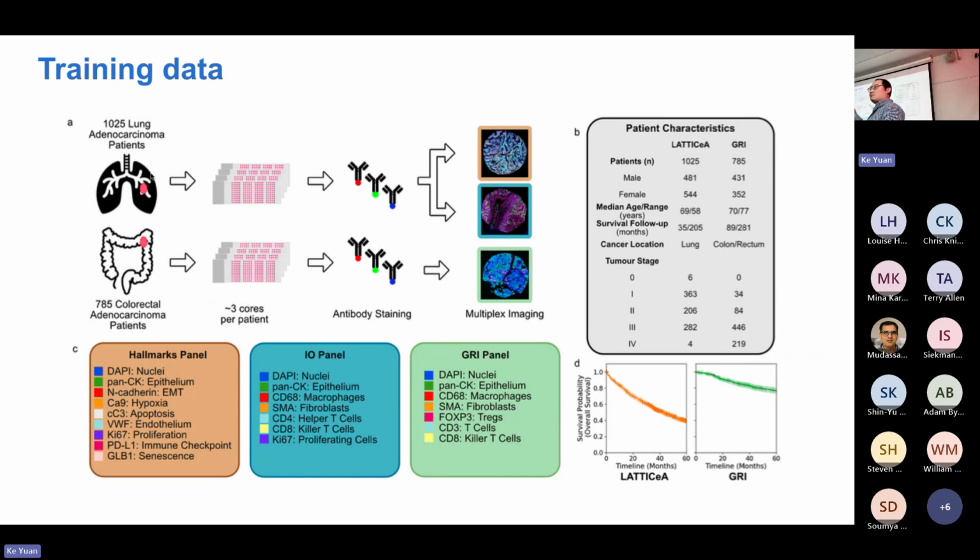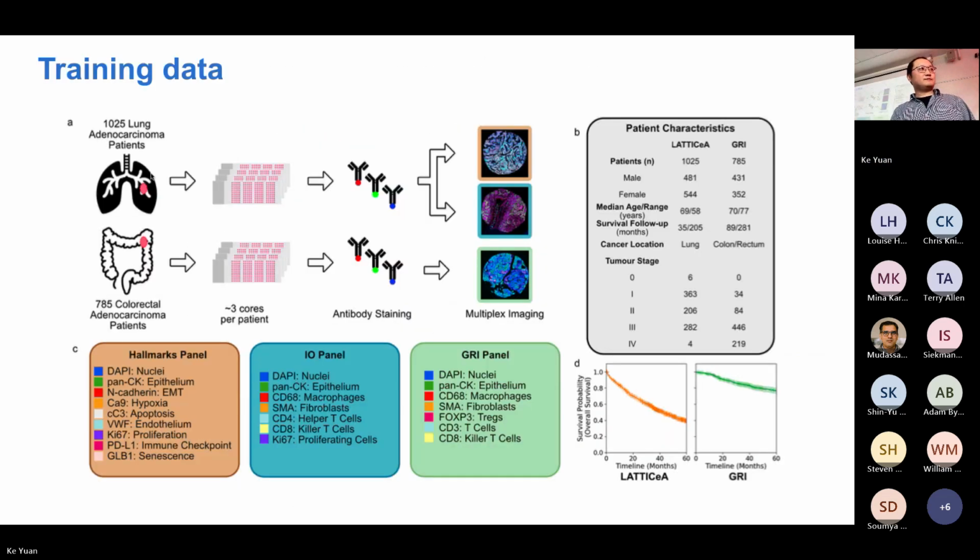I think these are tissue microarray cores, relatively small, but you can sample multiple from a patient. These are the 3 main panels that we have. You can see they vary between 6 and 8 markers. They're not very large, but even so it's not very easy to do image analysis.